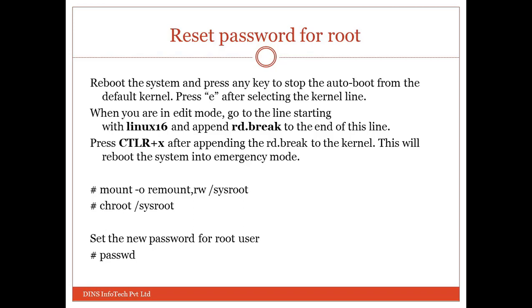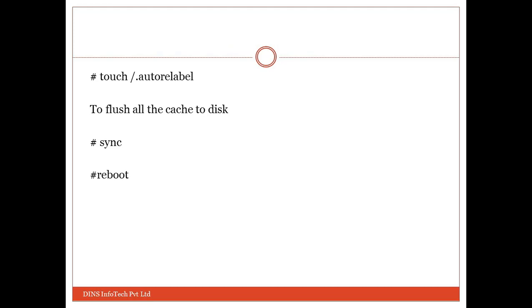So when the system boots, we are able to log into the system, and it's in read-only mode because it's an emergency mode. So then we need to remount the system root as read-write. Then change the system root using chroot /sysroot. Change the user password, meaning the root password, using passwd.